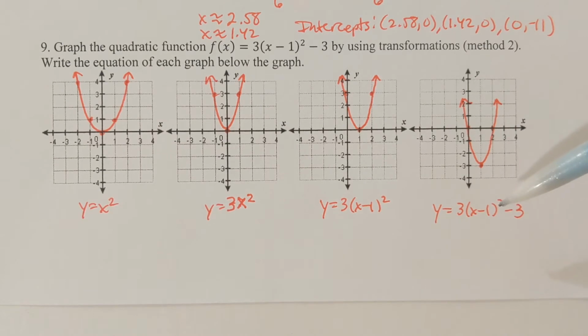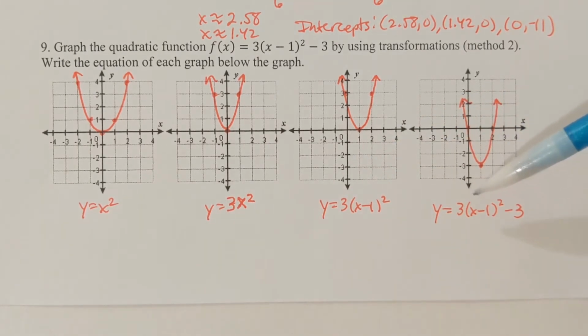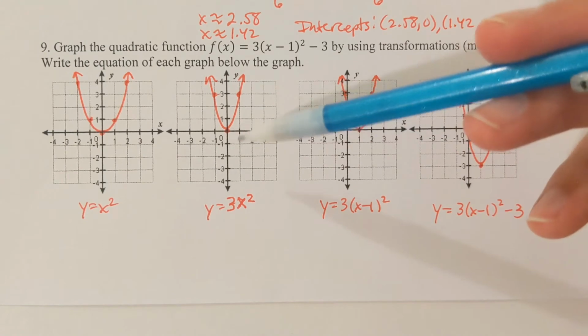And then y equals 3 times x minus 1 squared minus 3 means I've got to shift down 3 units. Okay, so 0, negative 3 is on the graph, 2, 0 is on the graph, and 0, 0 is on the graph. And I've got each of the equations written below the graph. That's a pretty standard thing to do. Especially, make sure that you get this one done first.